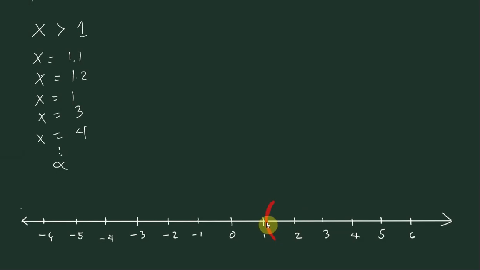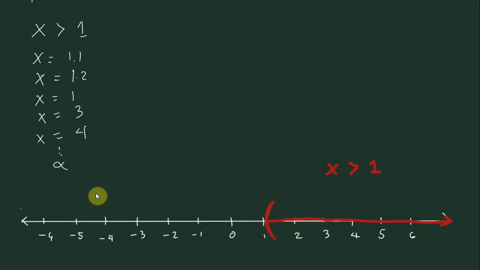This means that 1 is not included. The values we are concerned with are greater than 1, and we draw a line indicating that it goes to positive infinity. These are all the values that make the statement x is greater than 1 true. All the values of x are greater than 1, but it does not include 1.